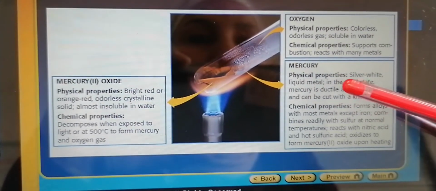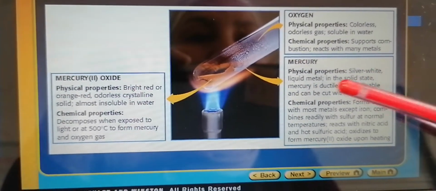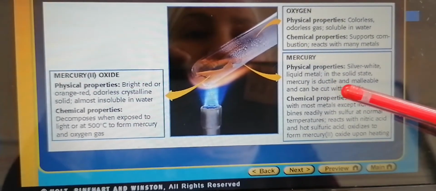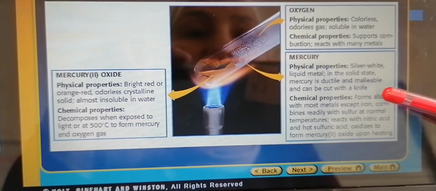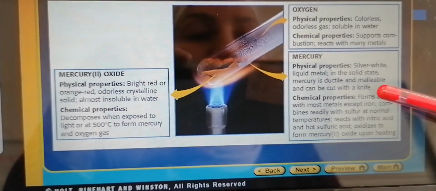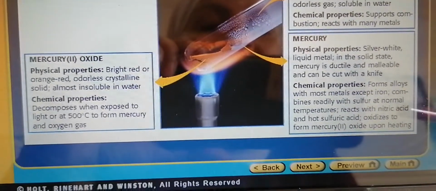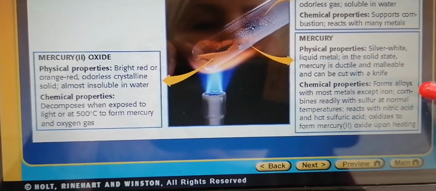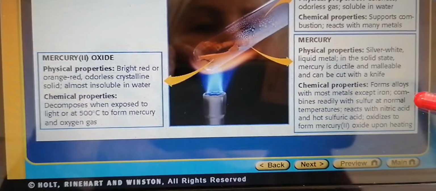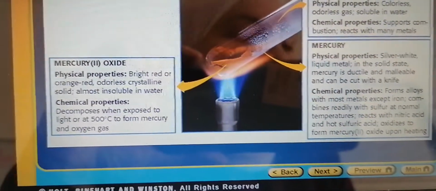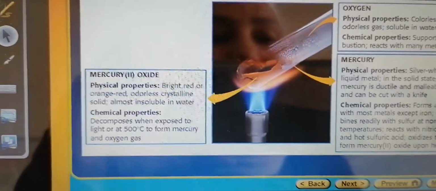Mercury also has physical properties. It's silver white. It's a liquid metal. In solid state, mercury is ductile and malleable and can be cut with a knife. Discussing its chemical properties, it forms alloys with most metals except iron. You can read all of this. This is all on page 10 in your book.